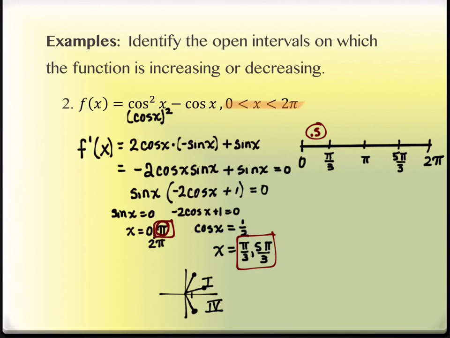Pi is about 3, so I'm going to test 2. 5 pi over 3 is awfully close to the number 6, since 2 pi is about 6. So I think probably 4 will work here. And I know 6 is smaller than 2 pi, just barely. So those are the ones I'm going to test.